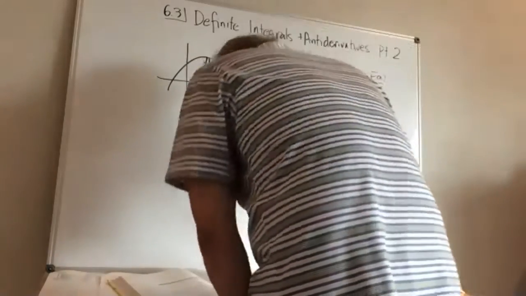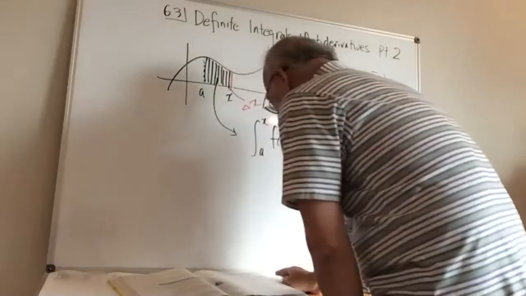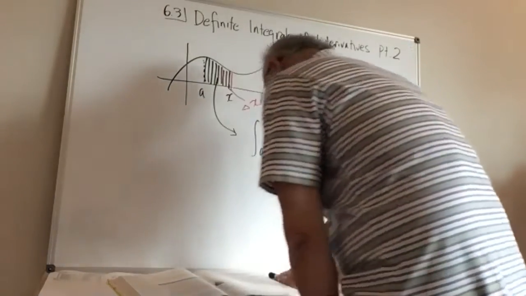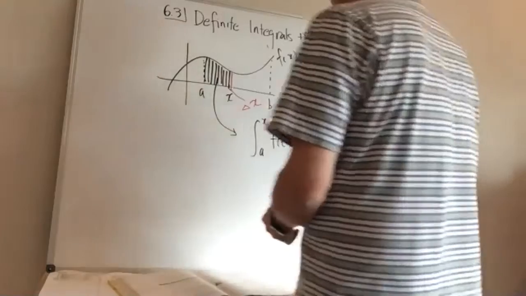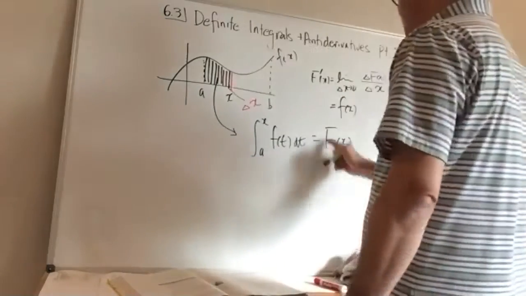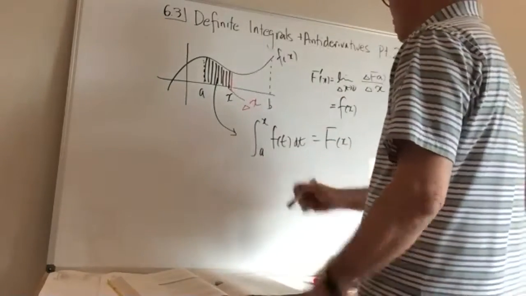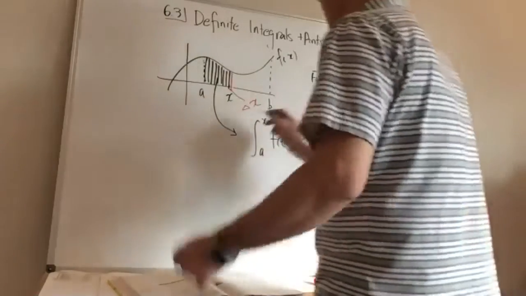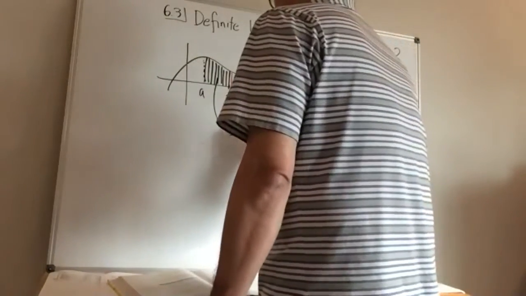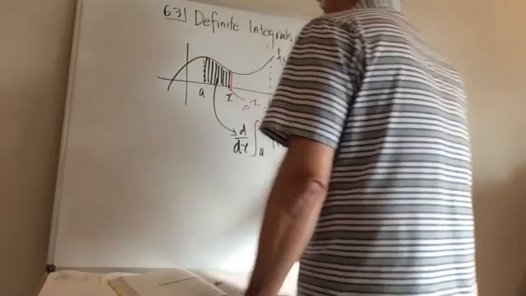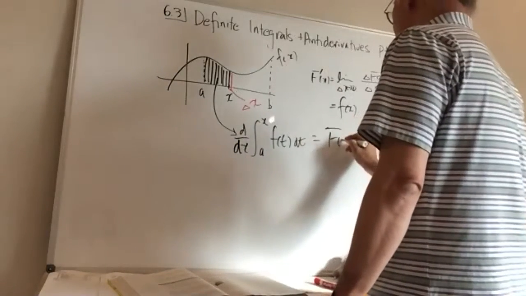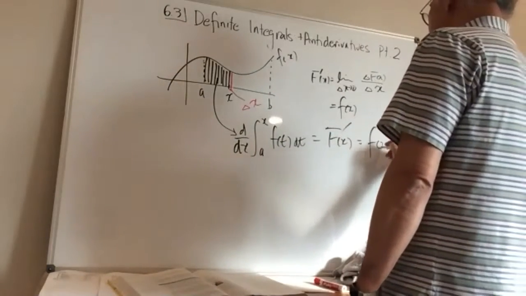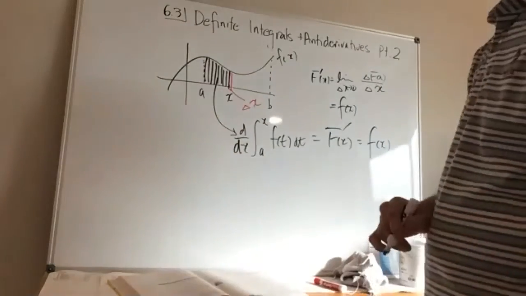Okay, and that is in the middle of page 297 in the green box there. So since f of x is this guy right here, what we're saying is that the derivative of this guy is the same as the derivative of this guy, which is essentially f of x.